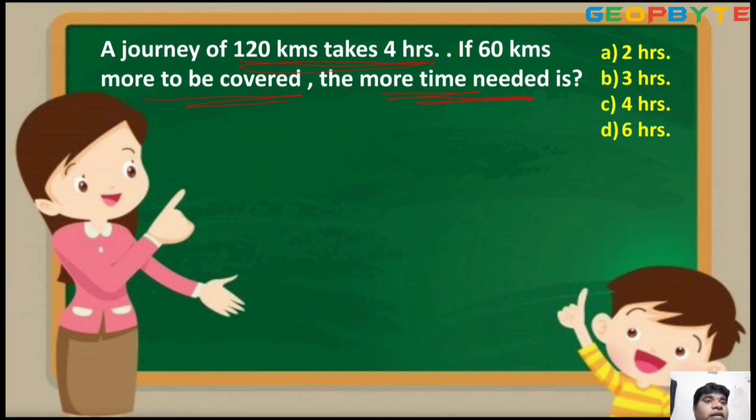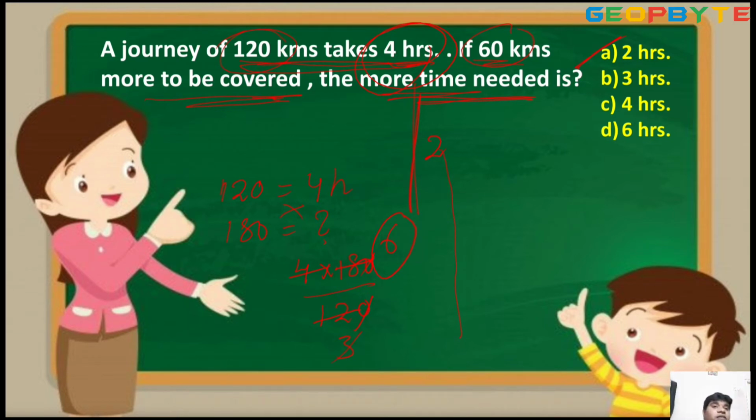First I will explain the methodology, then the shortcut. 120 plus 60 is 180 kilometers. First 120 is 4 hours, so for 180 cross multiplication: 4 into 180 by 120, zeros cancel, 4 threes are 12, so 6. The total time is 6, but 4 already completed, so the gap is 2. The answer is A.